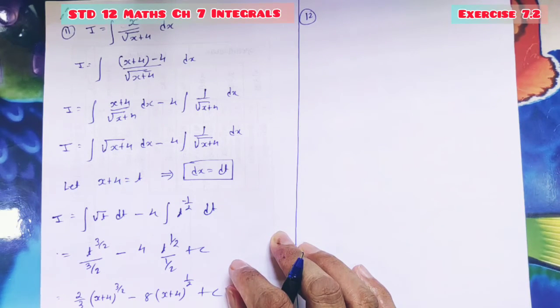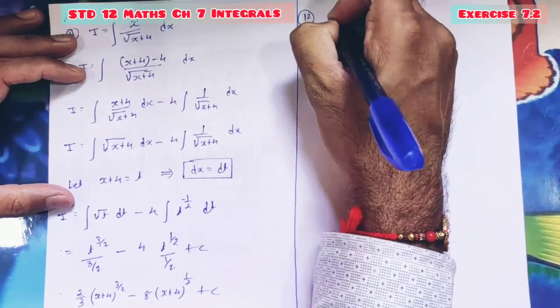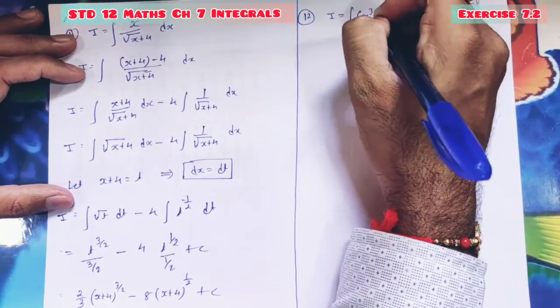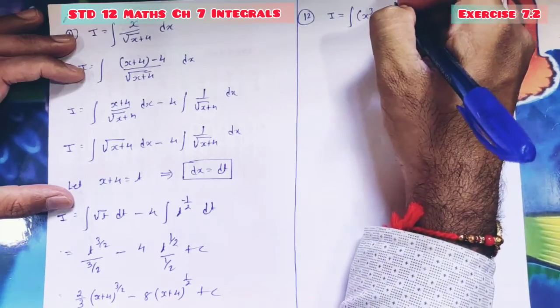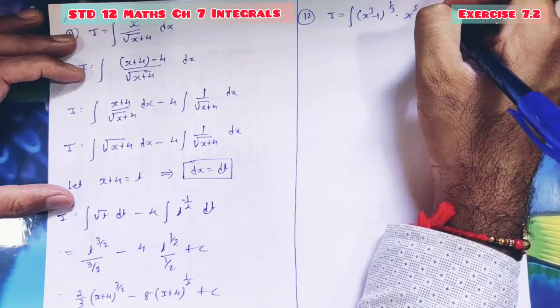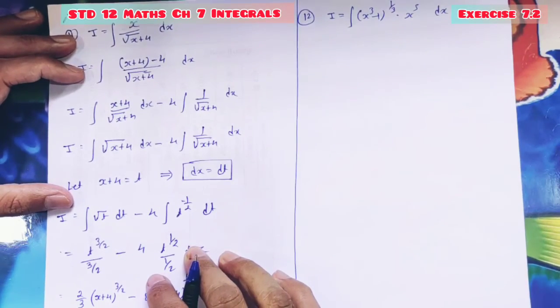So here we are given integration I, integration of x cube minus 1 raised to 1 by 3 into x raised to 5 dx.